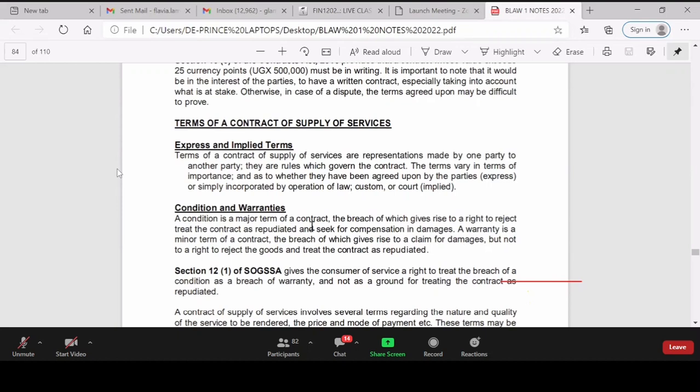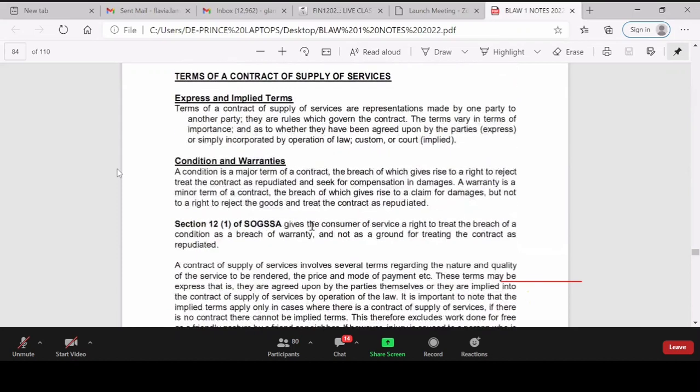If it's a decoration service, as far as the color theme is concerned, you want a particular color. Everything must be purple. So when they come and they are bringing only black things, you can sue. So you discuss all those things, you determine what is important, what is minor, and then you enter into your contract. If anything goes wrong, then you're able to know what to do next, depending on how you categorized your terms.